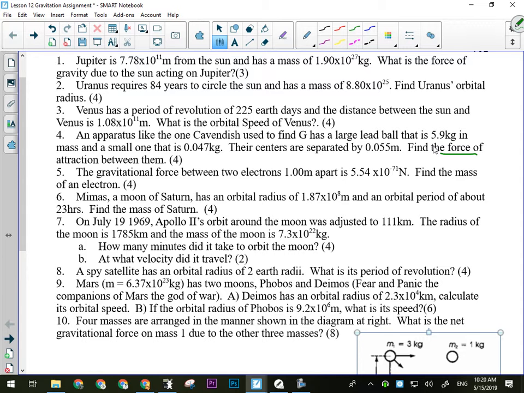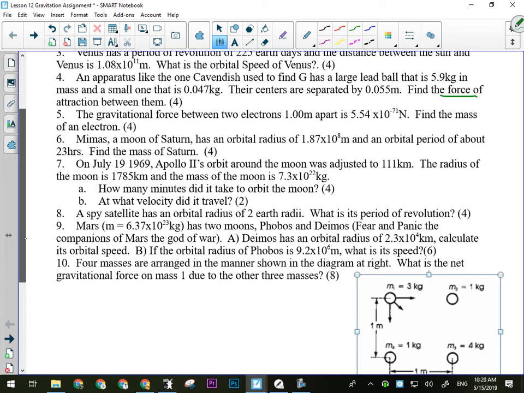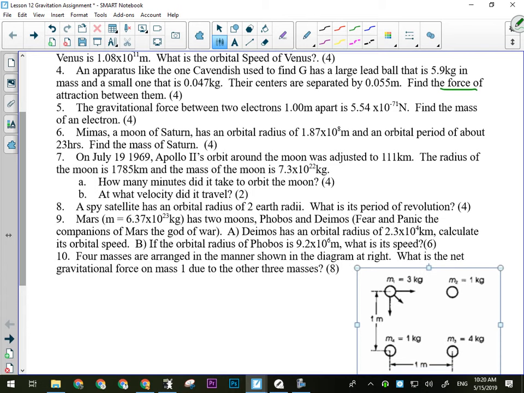For number 6, talking about a moon of Saturn. Moons are satellites, so just keep that in mind. Number 7, make sure you're looking at units. Number 7 is not a difficult question, provided you keep the units in mind, as well as looking for keywords like altitude and above the surface and height and stuff like that. Number 8 is a spy satellite that is orbiting. It has an orbital radius of 2 Earth radii.